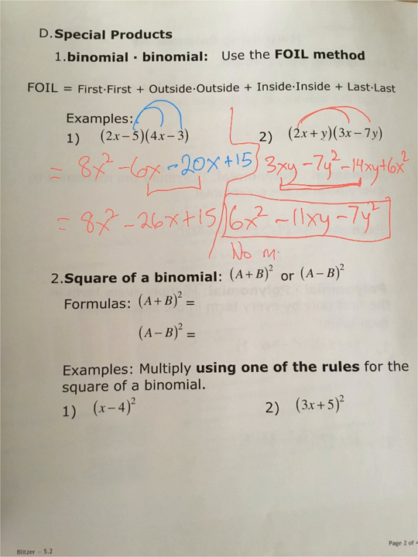There's no more like terms. I can't simplify any further. Sometimes I'll see some beautiful work on the test, and at the end I'll see like a 7. Where did that 7 come from? So again, just go as far as you can.